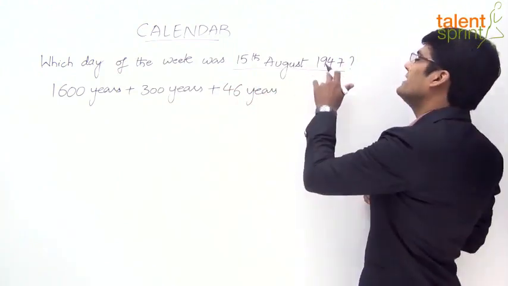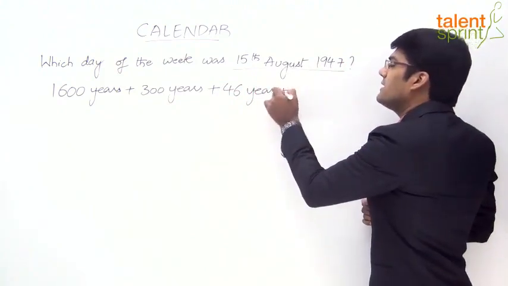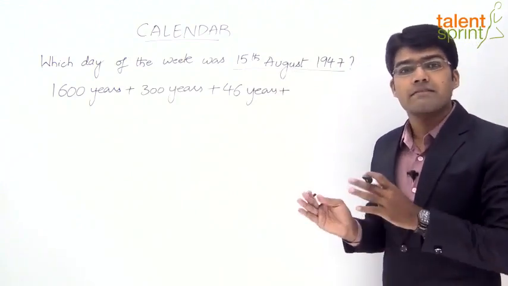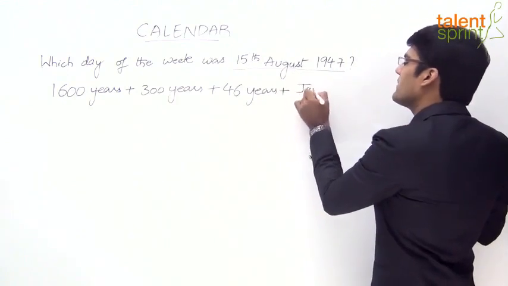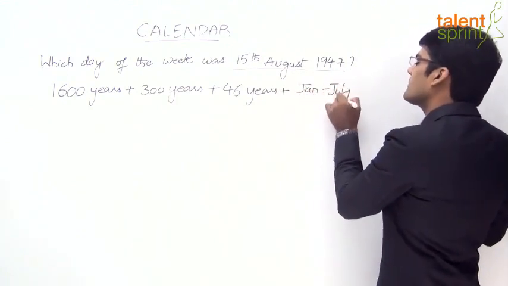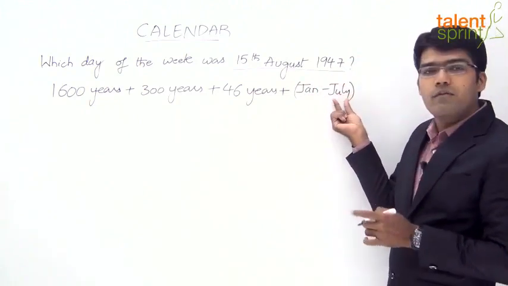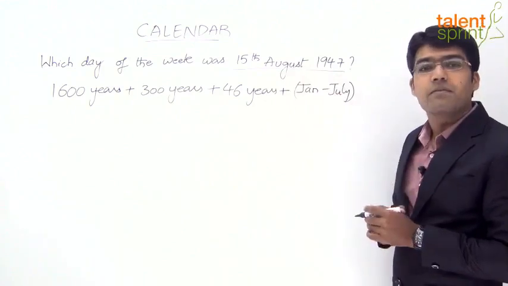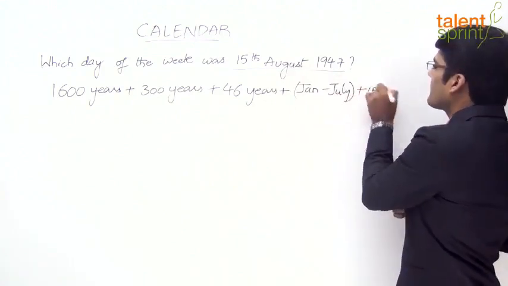And now we are in the 1947th year. In this 1947th year, we have to reach 15th August. Before August, we have 7 months, that is January to July. So we'll consider those 7 months, January to July. And then the month of August, after finishing July, where we need to take 15 days, so plus 15.